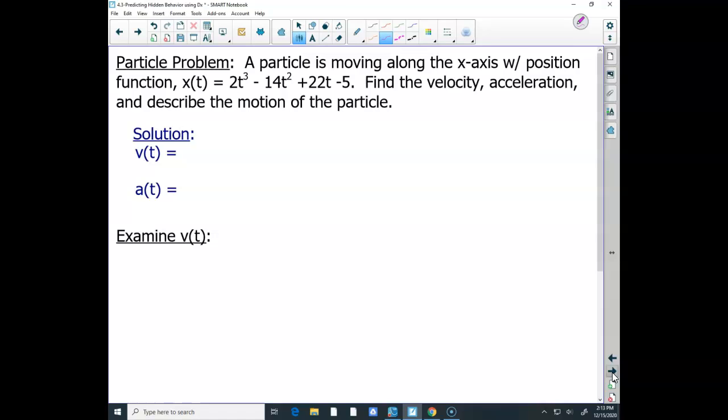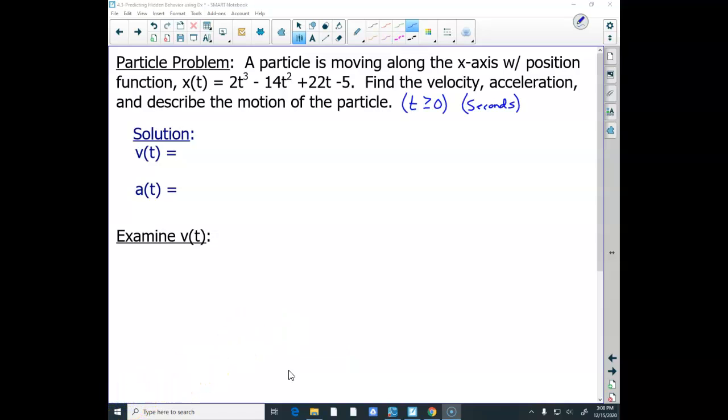On the AP test, I guarantee you're going to have a particle moving along the x-axis with position function x of t equaling something, and they're going to ask you when does the particle stop, when's it moving right, when's it moving left, when's it speeding up, when's it slowing down, and that's all through the analysis. So we're going to do a full analysis of velocity and acceleration on this devil when I come back. I will be back in a bit.